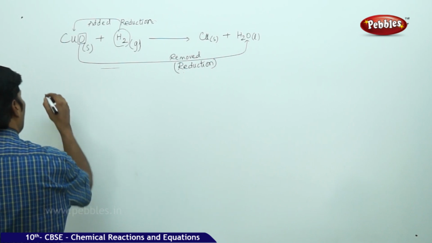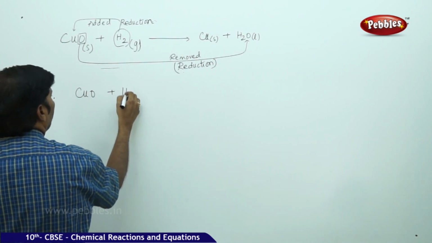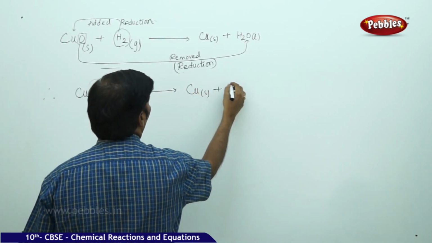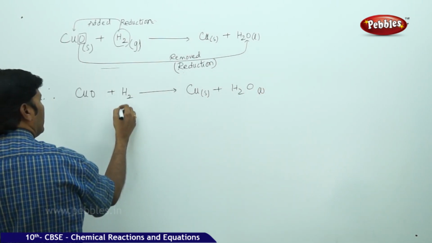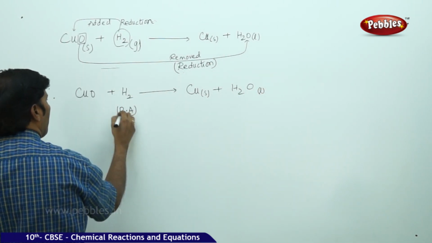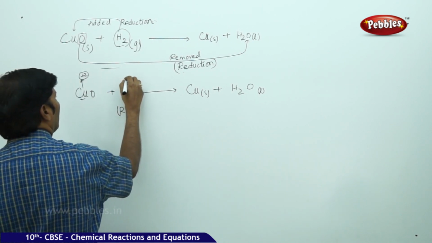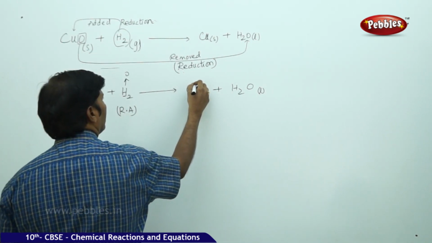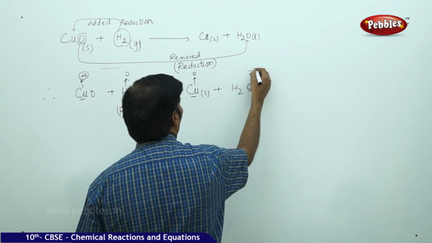So in a nutshell, let me explain once again. CuO plus H2 gives rise to Cu solid plus H2O liquid. Here hydrogen is acting as a reducing agent. Copper oxidation state is +2, hydrogen oxidation state is 0. Afterwards copper oxidation state is 0 and oxygen oxidation number is -2.